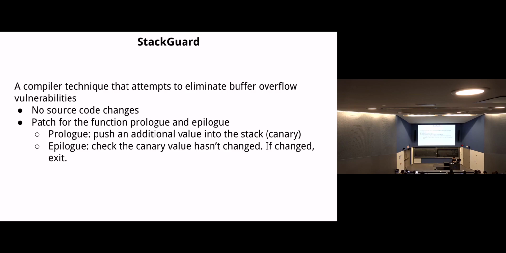Buffer overflow still exists, but it's much harder to exploit. This technique doesn't require the developer to modify their source code in any way. You have been developing C programs, and when you develop a C program, you never thought about this, right? Because the compiler instruments the code directly.